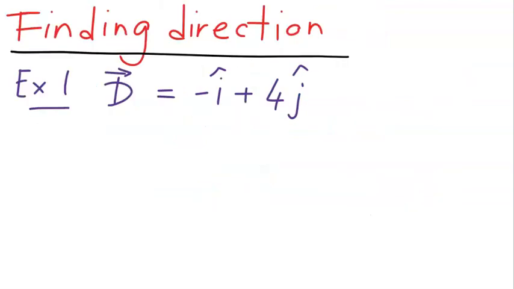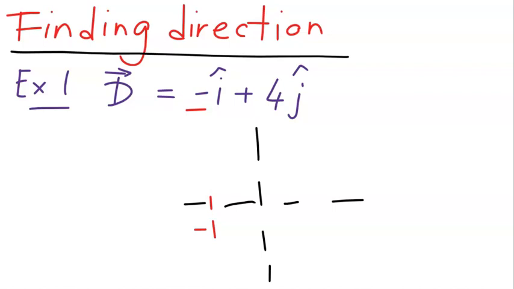Let's look at how to calculate the direction of a vector. So if you have a vector d as shown, minus i hat plus 4j hat. Now first you plot the components on xy axis, because this is a two-dimensional vector. So the x component is -1, so that's -1.